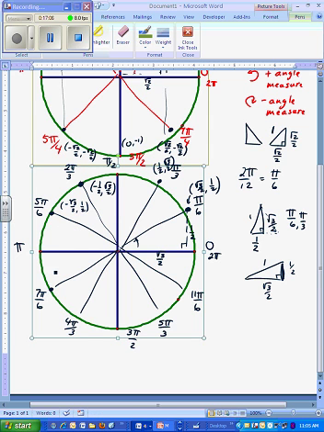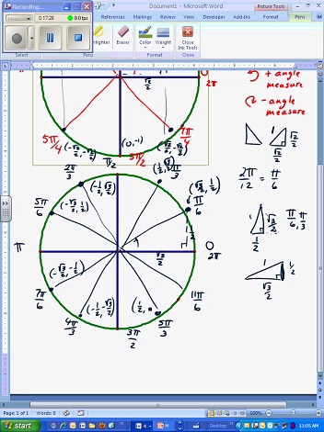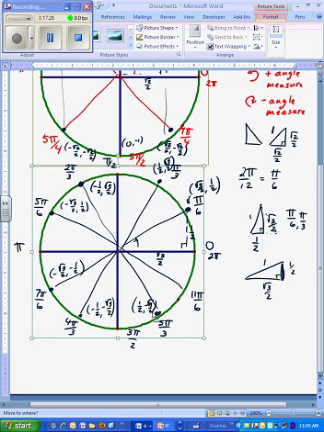And this one here would be negative square root of 3 over 2, negative 1/2, because I'm in the third quadrant, and I'm on the axis system for the circle. This one would be negative 1/2, negative square root of 3 over 2. And this one would be positive 1/2, negative square root of 3 over 2. And this one would be square root of 3 over 2, negative 1/2.